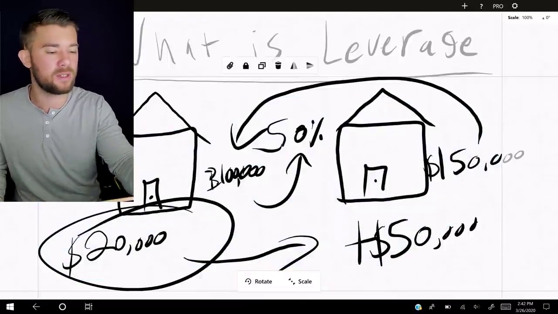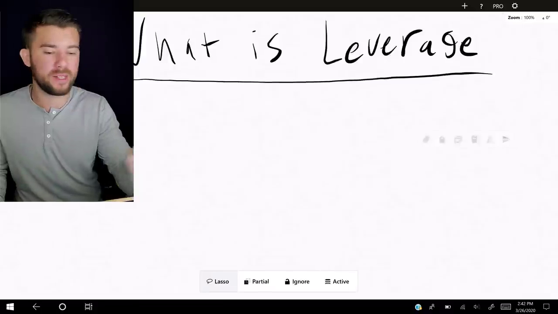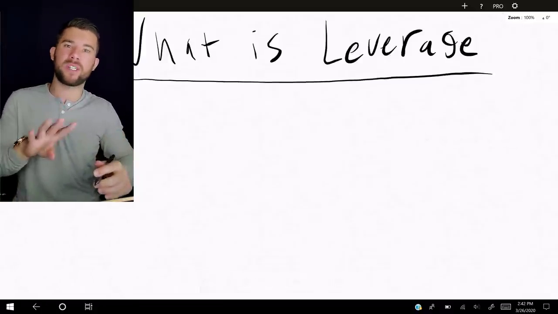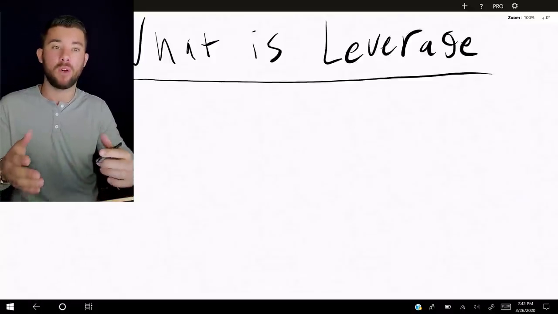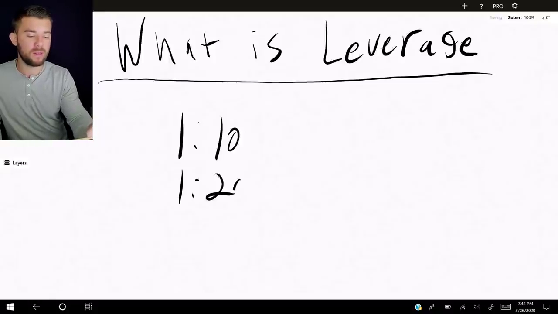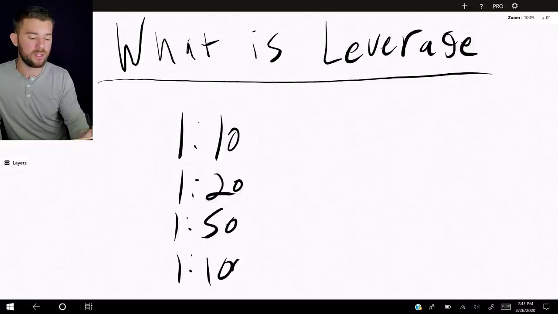Let's go ahead and delete all of this. So in Forex, I'm going to draw out a little graph here. We have about 4 different types of major leverage that brokers allow you to have. We have 1 to 10 leverage, 1 to 20, 1 to 50, and 1 to 100 leverage.